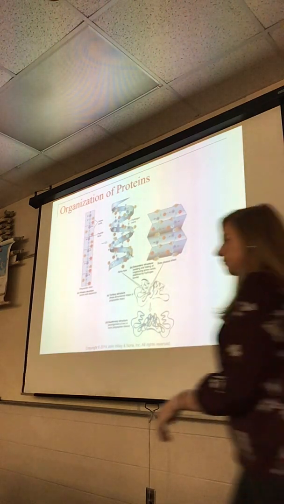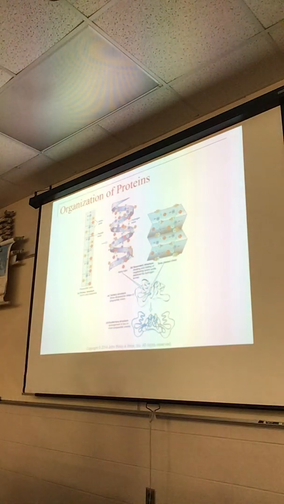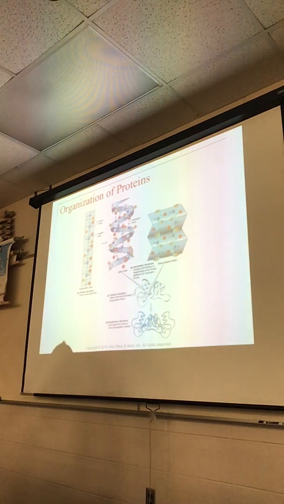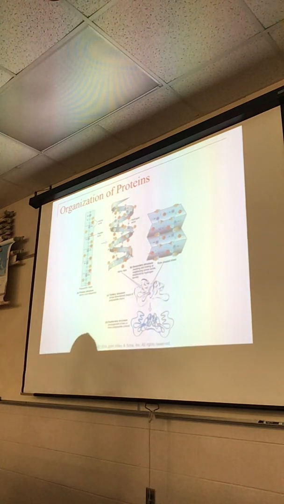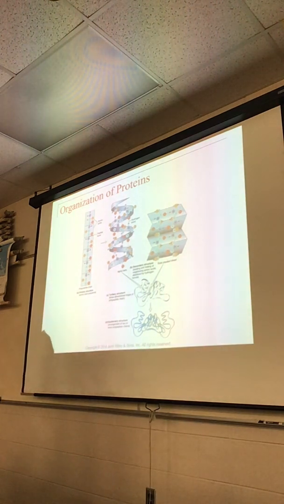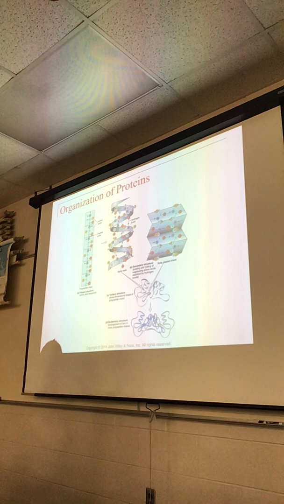So, here's my little model of a protein. So first of all, pretend like this big blue piece of styrofoam is a polypeptide chain. Each one of these is an amino acid. Here's an amino acid, and I have a whole bunch of them in there.